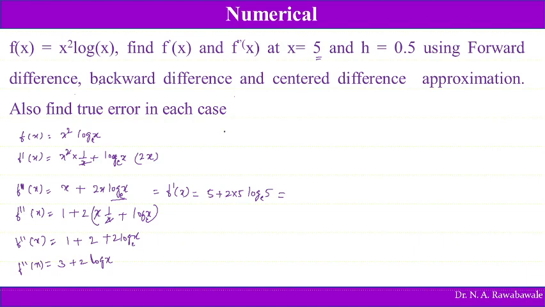This is going to be 21.094. So remember that this is natural log. We have taken it as natural log. 5 plus 10 times natural log of 5 is 21.094.